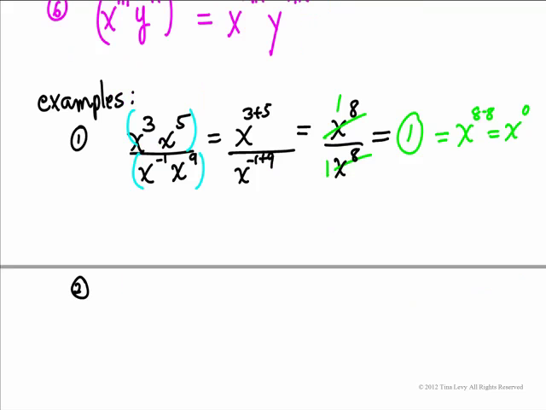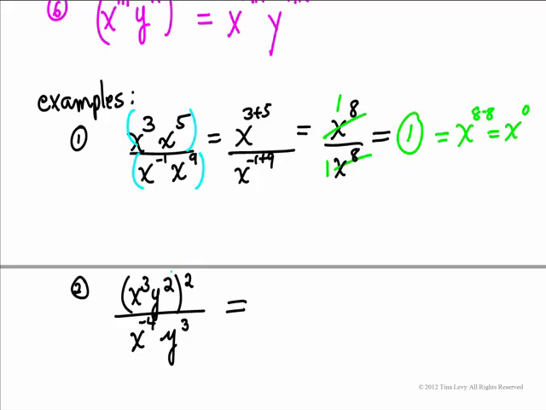Second example will be x cubed y squared, to the second power, divided by x to the negative 4 y to the third. For this one, I do the numerator first, and I see I have parentheses with an exponent outside. That's the signal to multiply the exponents.